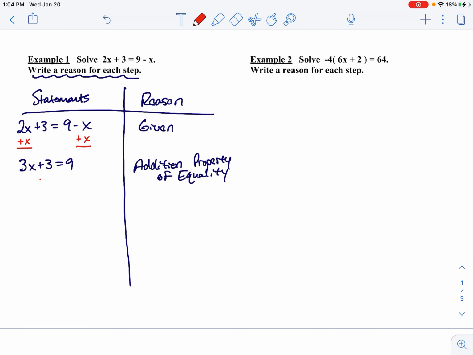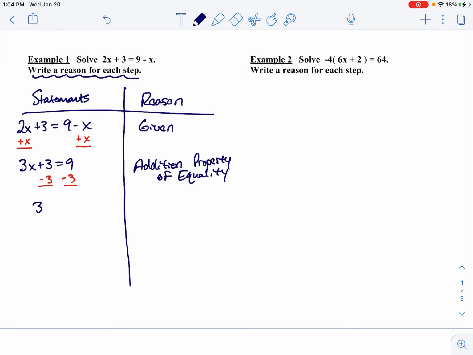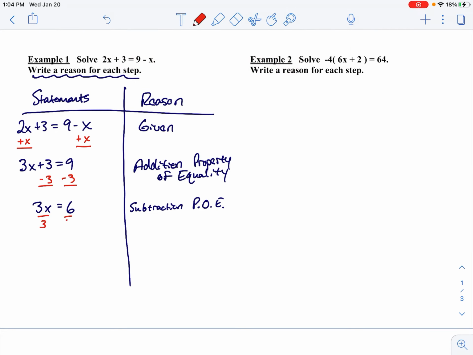So we're going to continue to go. I'm going to subtract 3 from both sides, which when I do this, I will get 3x equals 6. And the reason for that is the subtraction property of equality. I'm going to put POE just to save myself some time. And then the last step here would be to divide by 3.